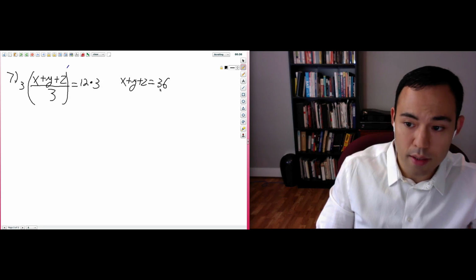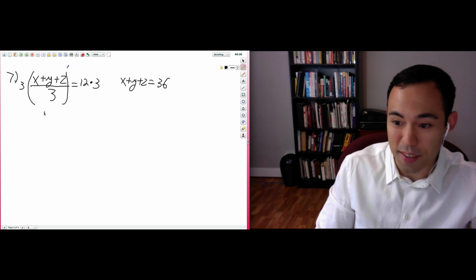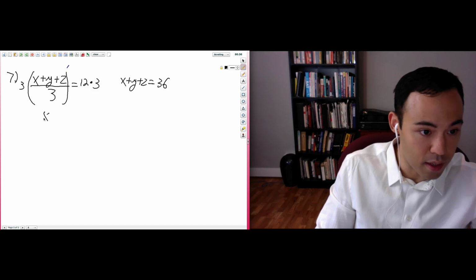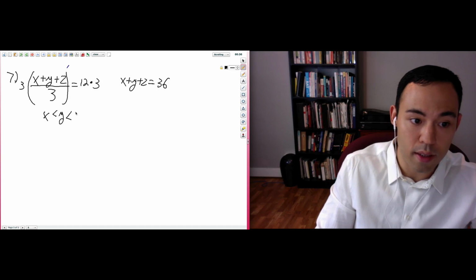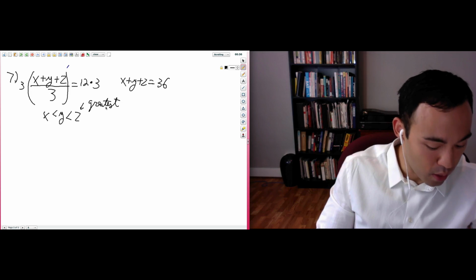And then they give us a nice key to unlocking the problem. They tell us which one is the greatest of x, y, and z, because they say x is less than y is less than z. So that means z is the greatest of those elements. So which of the following pairs of equations could correctly express the information above?